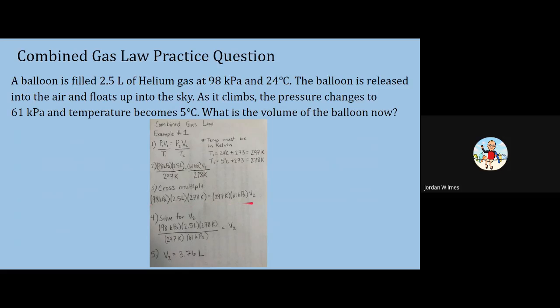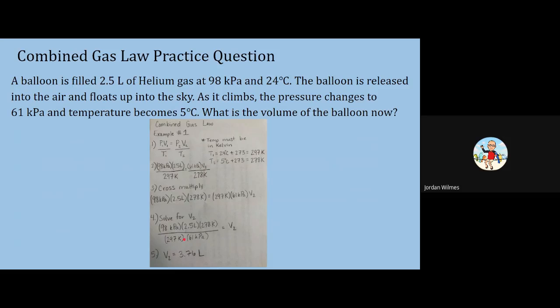Once you've cross-multiplied, then it becomes a little bit easier to isolate your variable, V2. All you need to do is divide away the 297 and the 61. Divide that on both sides. And then here's kind of the setup before I even put it in the calculator.